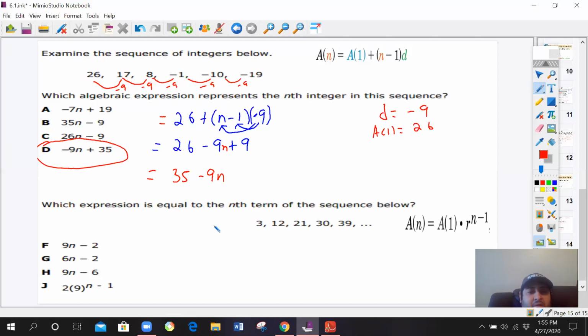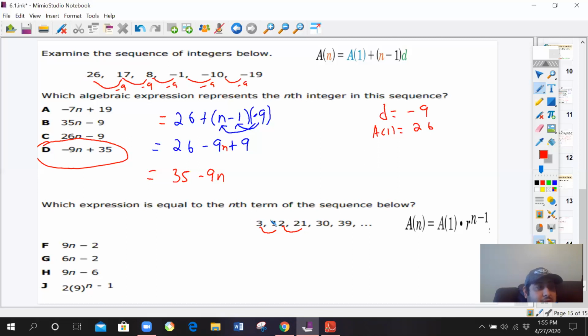Which expression is equal to the nth term of the sequence below? All right, let's analyze the sequence. From here to here, they're not multiplying by 4, because we noticed it's not multiplying by 4.